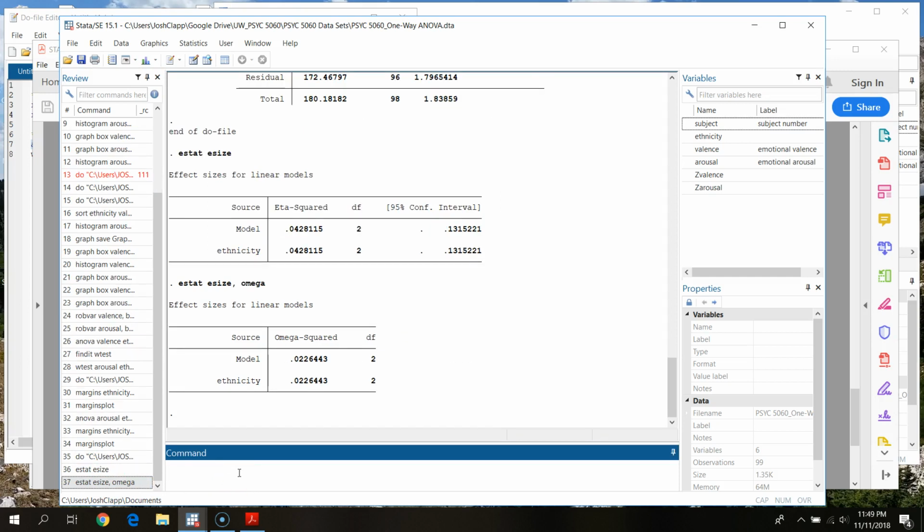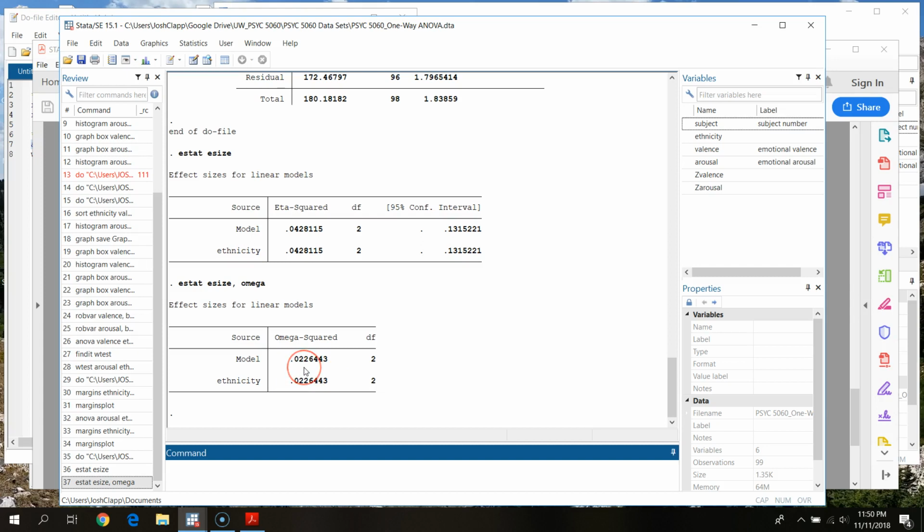Right, so this is going to be our eta squared, but we can also go estat esize omega, and this is going to give us our omega squared, right? And so again, remember that your eta squared is a positively biased estimator. Your omega squared is always going to be smaller than your eta squared, so this is a better population estimate, still a little bit biased.